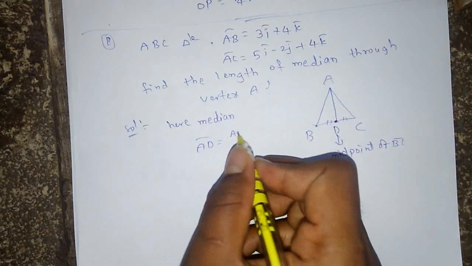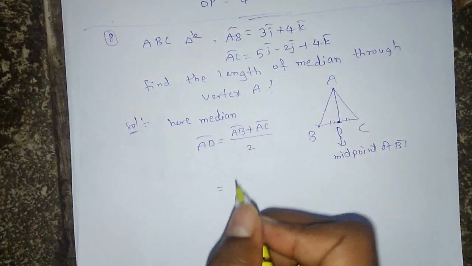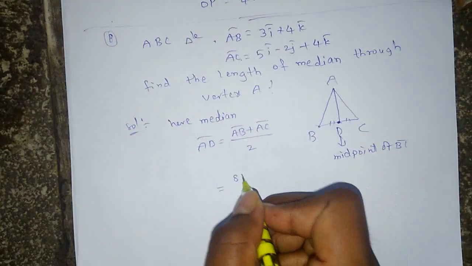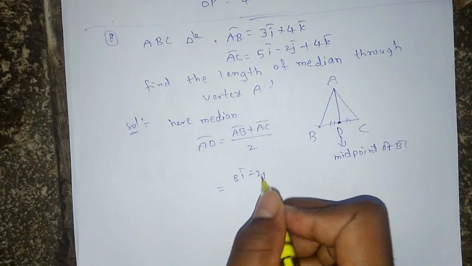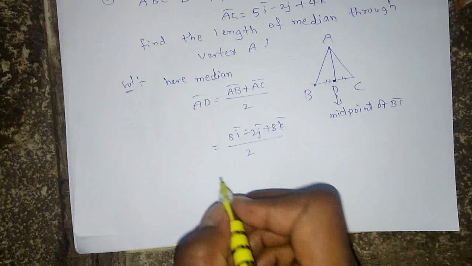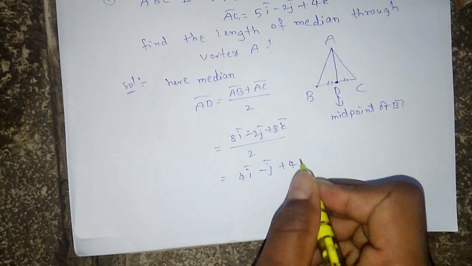So AD bar will be equal to AB bar plus AC bar by 2. Now we have AB bar and we have AC bar. So sum is 8i bar minus 2j bar plus 8k bar by 2. So that is equal to 4i minus j plus 4k.